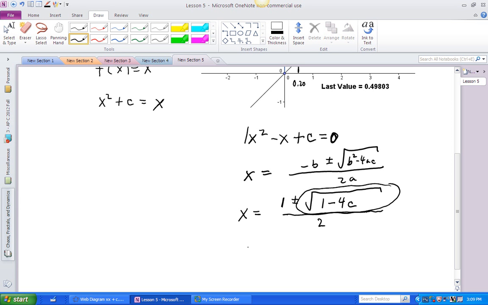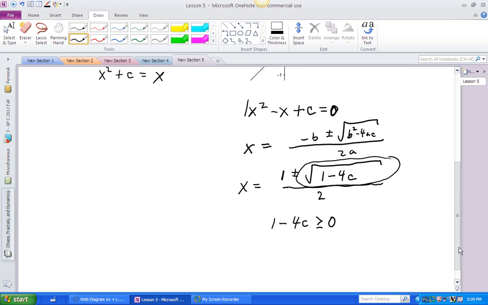So the only way we can have convergence to a fixed point, or just a fixed point, is if what's under the radical here must be greater than or equal to 0. Okay? If it's less than 0, we're going to get imaginary numbers. When we get the imaginary numbers, that's when we're getting the escaping.